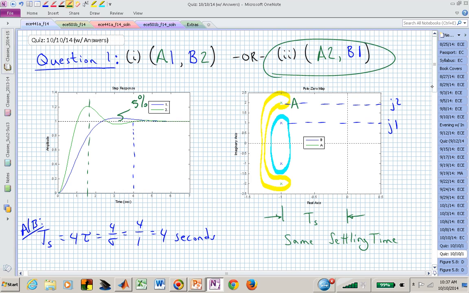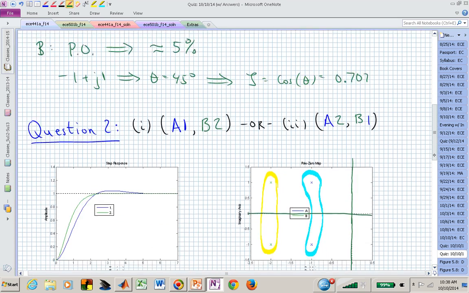That says that pole pattern B is connected with response number 1. We can then conclude that the correct answer for question number 1 is to pair up pole pattern A with response 2 and pole pattern B with response 1.